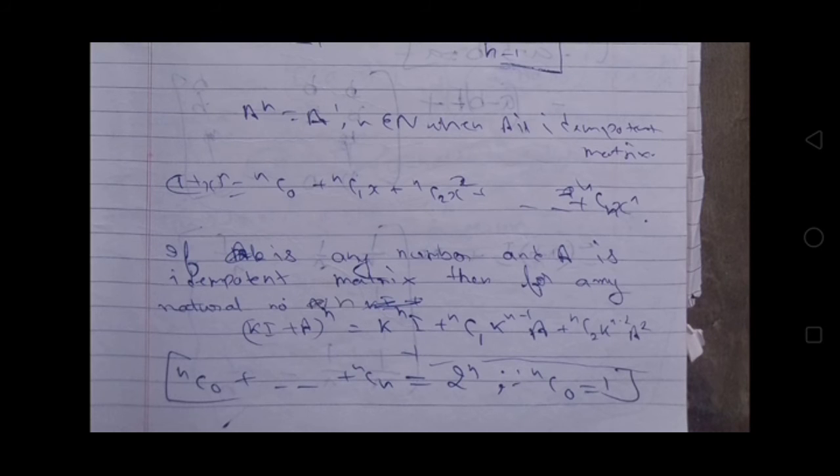Now we know that the sum of nC0 to nCn is equal to 2 raised to power n, because nC0 is equal to 1.